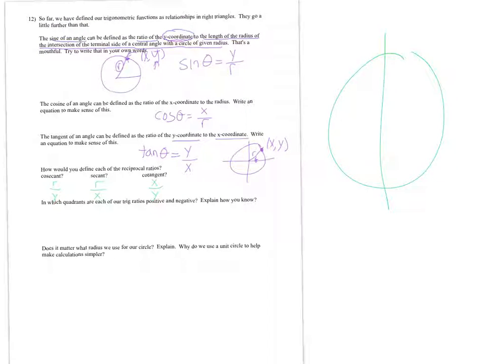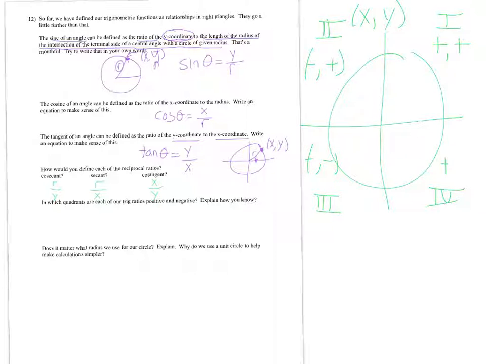Well, we know that our x, y coordinates are going to be positive in quadrant 1. In quadrant 2, they're going to be negative and positive for x and y. In quadrant 3, they're going to be negative and negative. And in quadrant 4, they're going to be positive and negative.